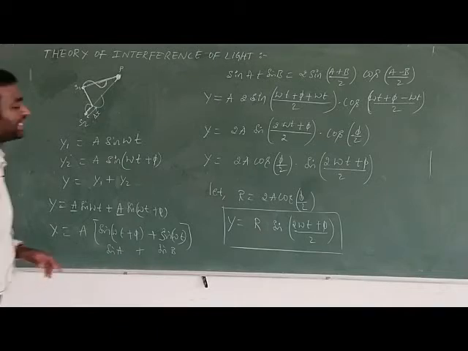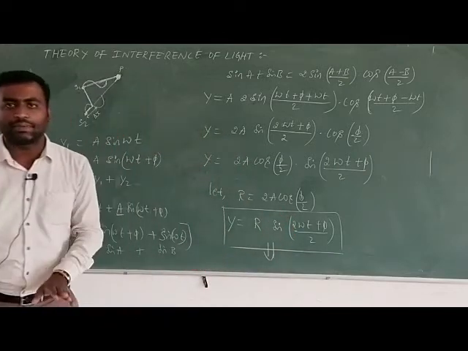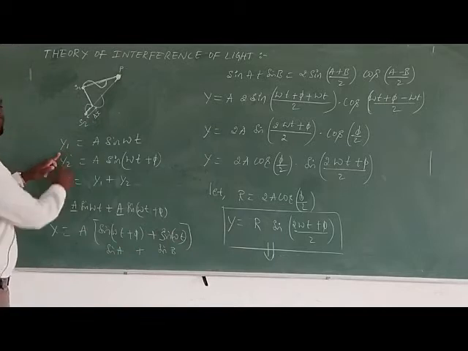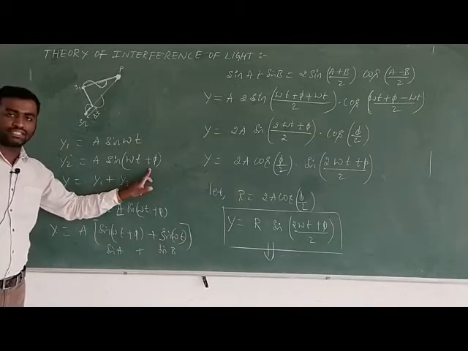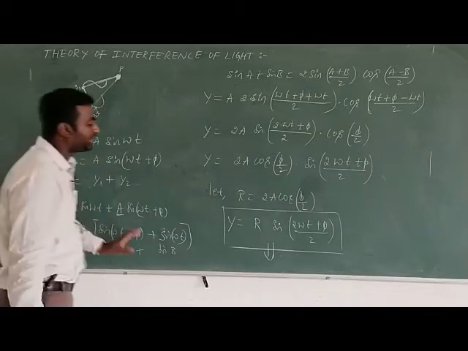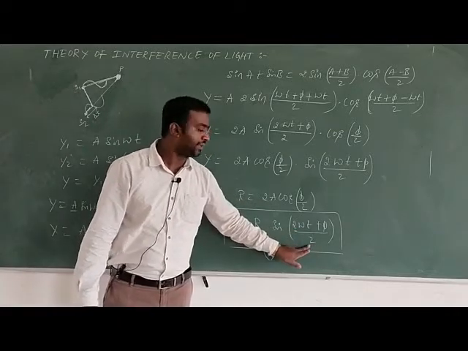Now look at this equation. First we studied Y1 means a sin omega t, Y2 means a sin(omega t plus pi). To get the resultant displacement we added those two waves. So finally we got R sin of (2 omega t plus pi) divided by 2.